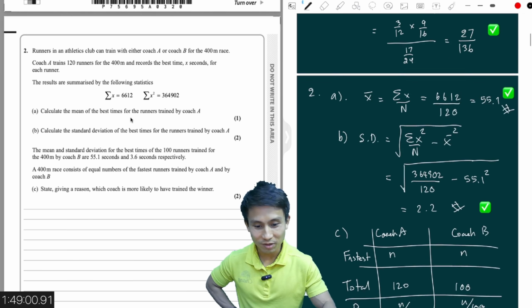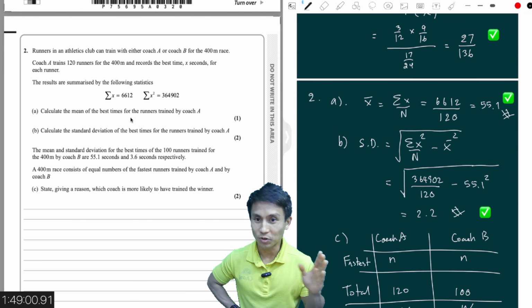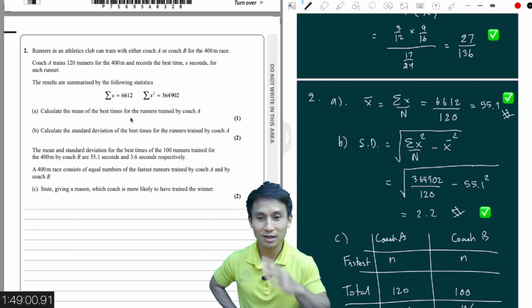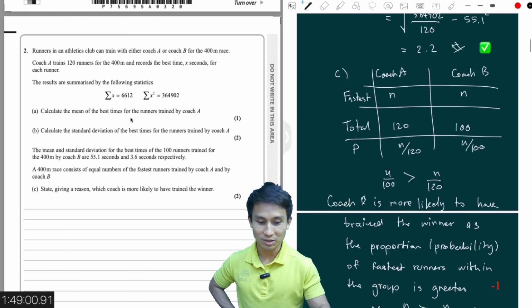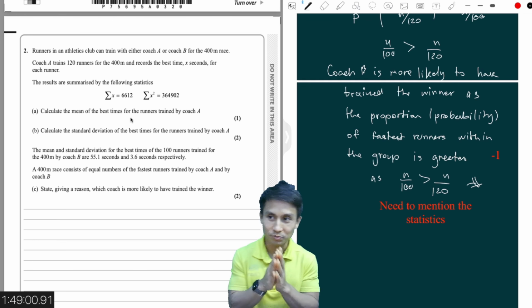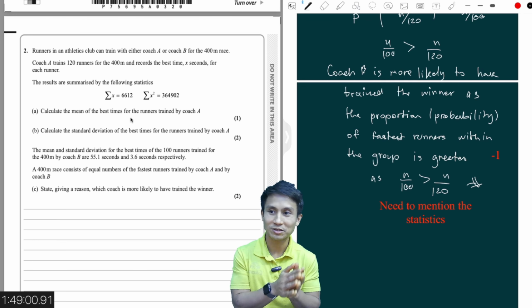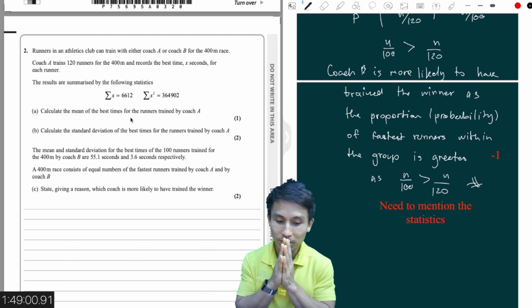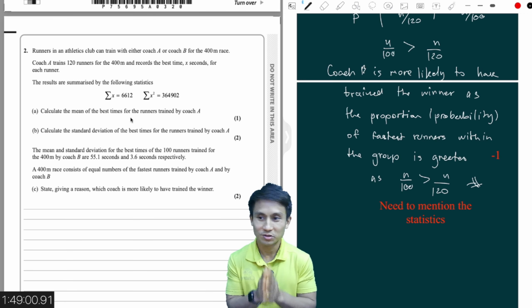Standard deviation in group A was 2.2. So coach B's runners have larger standard deviation. So I got the answer right. Coach B is more likely to have faster runners, like the winner, to have trained the winner. But the reasoning is wrong.